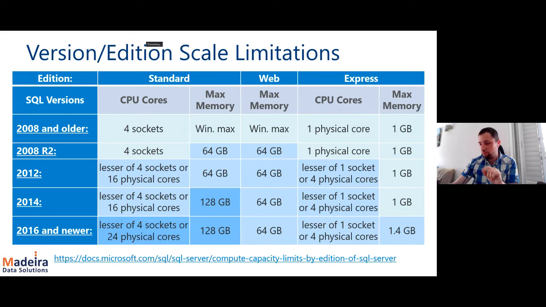And if the only reason is because of the scale limits, then you should consider upgrading to a newer version and downgrading the edition for the same scale.